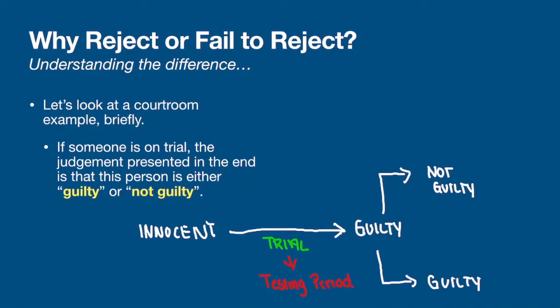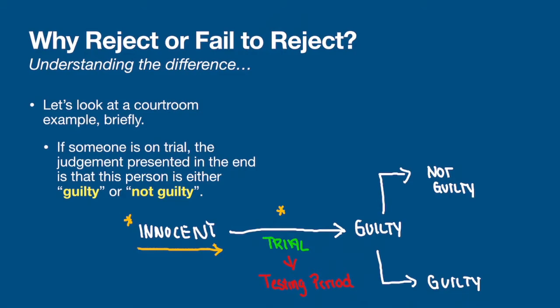Okay, so here's something that I'd like us to think about for just a moment. As soon as we go into this process of maybe being on trial, again, we're here, we're innocent. Now, the very moment that the trial begins, think about it this way, we're actually on our way towards being proven guilty.